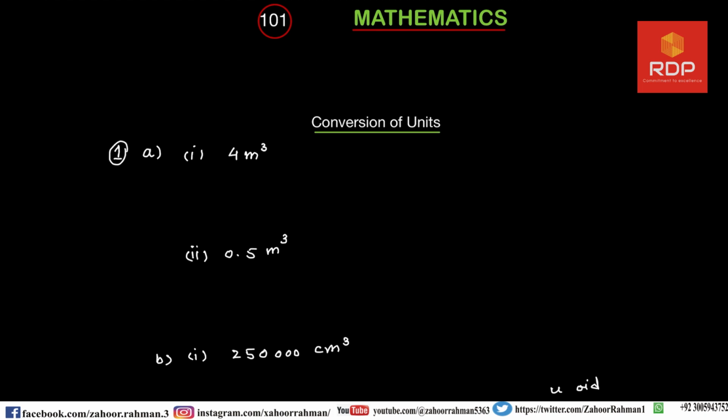For that we have to utilize our knowledge of conversion of units. Here I am saying that 1 meter cube is equal to 1 million centimeter cube.